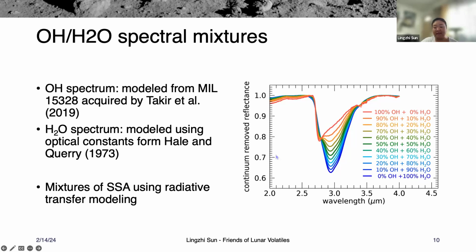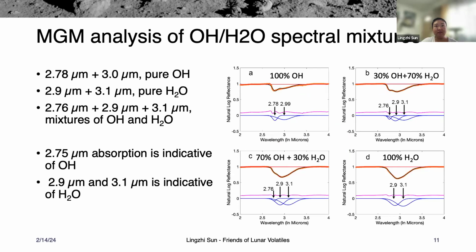Then we applied MGM to these water mixtures. These are the MGM input analysis results. We have the pure OH, which has 2.78 and 2.99, which is the 3-micron absorption feature. And the pure water has 2.9 and 3.1 absorption features.